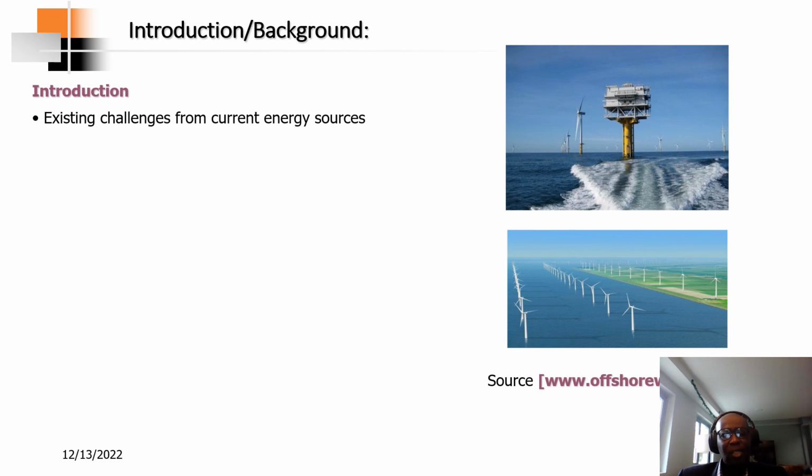As these energy sources produce electrical power, they emit a lot of pollutants into the atmosphere, and also emit carbon dioxide into the atmosphere, which results in global warming issues.